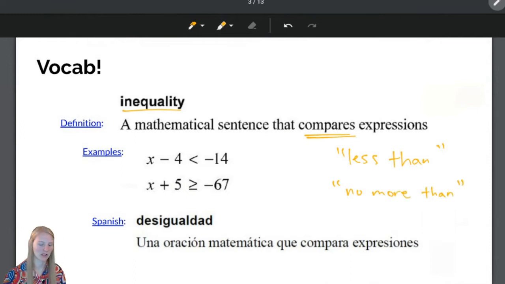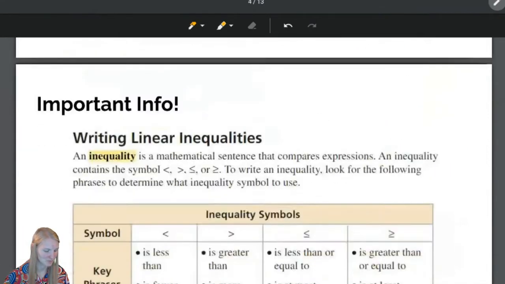Things like that. So that's what we mean by compares. Some examples are right here for you. X minus 4 is less than -14. That's what that symbol means. And x plus 5 is greater than or equal to, that's what the line underneath the symbol means, greater than or equal to -67. So those are examples, but don't worry, we're going to see many more as we go throughout this section.